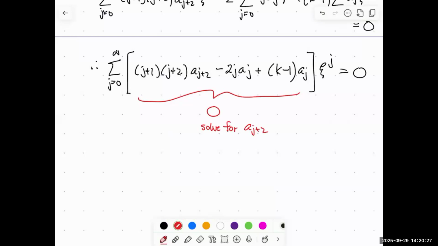Notice that these two terms both have the a_j, so I could have written this as minus 2j plus k minus 1, all times a_j. So if you solve for a_{j+2}, we have to take these to the other side.